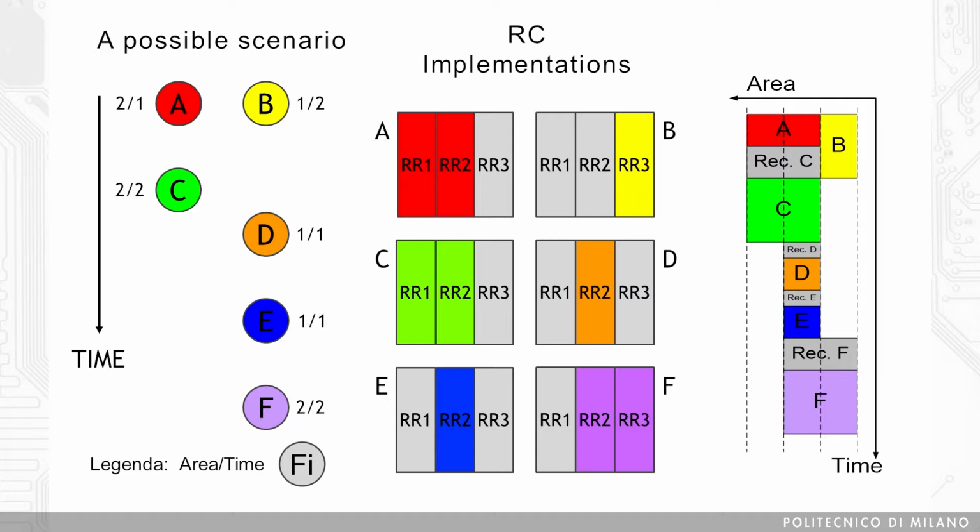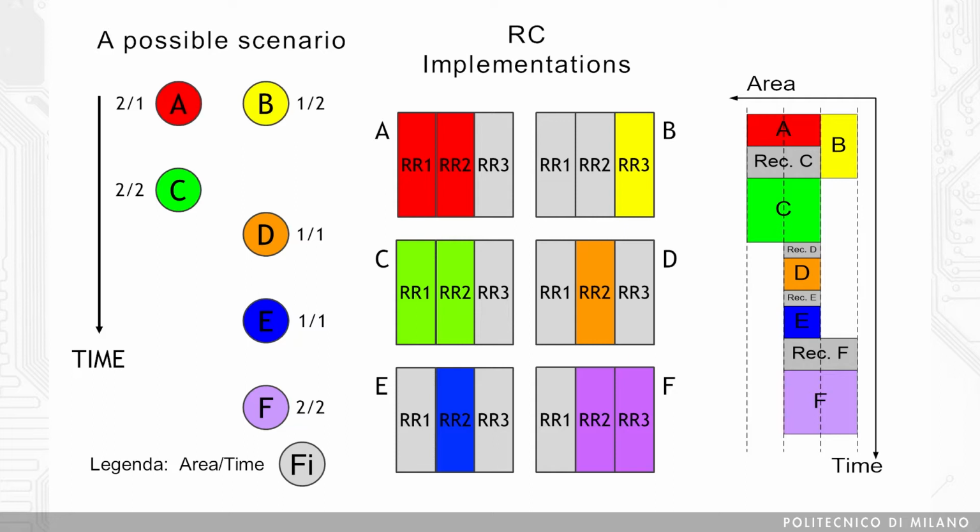And now we can observe an interesting scenario. Even if there is no data or control dependency between C and D, the D service cannot be configured on the FPGA as soon as it is requested. We do have enough available resources to host it, but because of the mapping decision we took, we have a structural hazard between services C and D on the reconfigurable region 2.